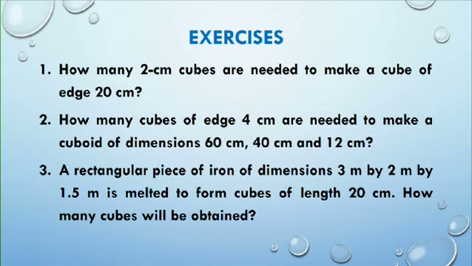Question 3. A rectangular piece of iron of dimensions 3 meters by 2 meters by 1.5 meters is melted to form cubes of length 20 centimeters. How many cubes will be obtained? You need to be careful with this question because we have different units. We have centimeters and meters.